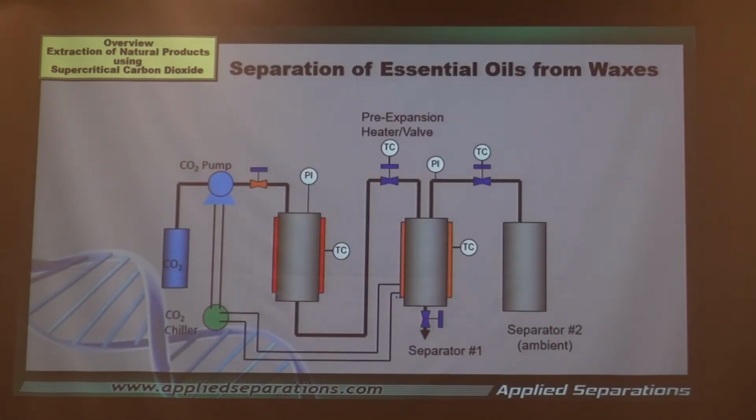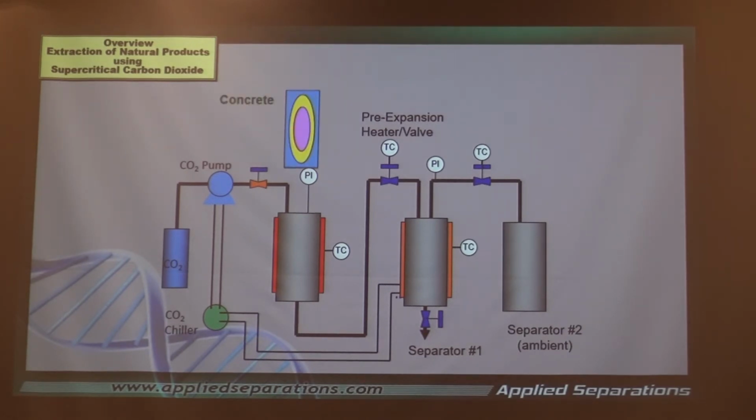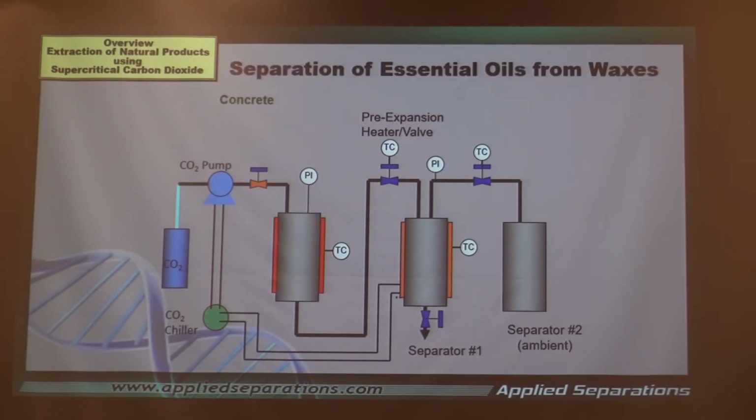So if I put this in motion and I go this way, I introduce the concrete or the raw material, either one. Doesn't really matter because I'm going to pick it all up in the supercritical. It's going to dissolve both the essential oils and the waxes. So they are dissolved into the system, running the CO2 through this, bringing it up to temperature and pressure.